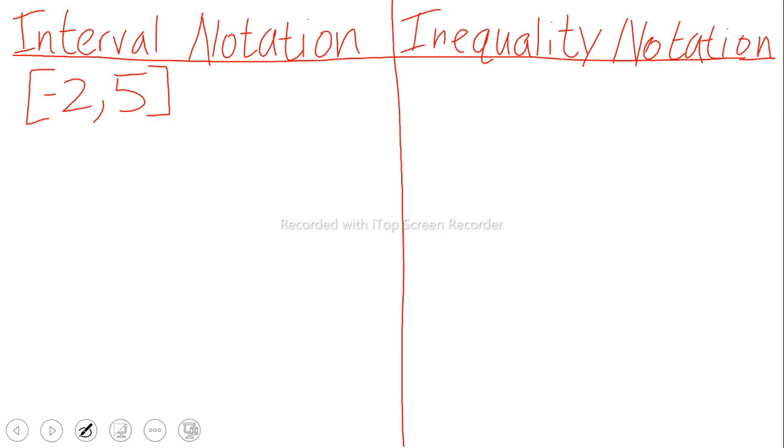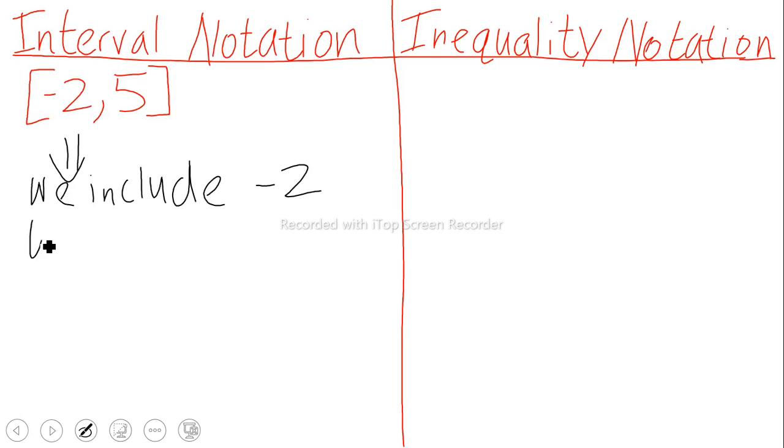And what that means is that we're going to consider all the numbers in between -2 and 5. But here we include -2, and we include +5. So we include -2 and we include +5.